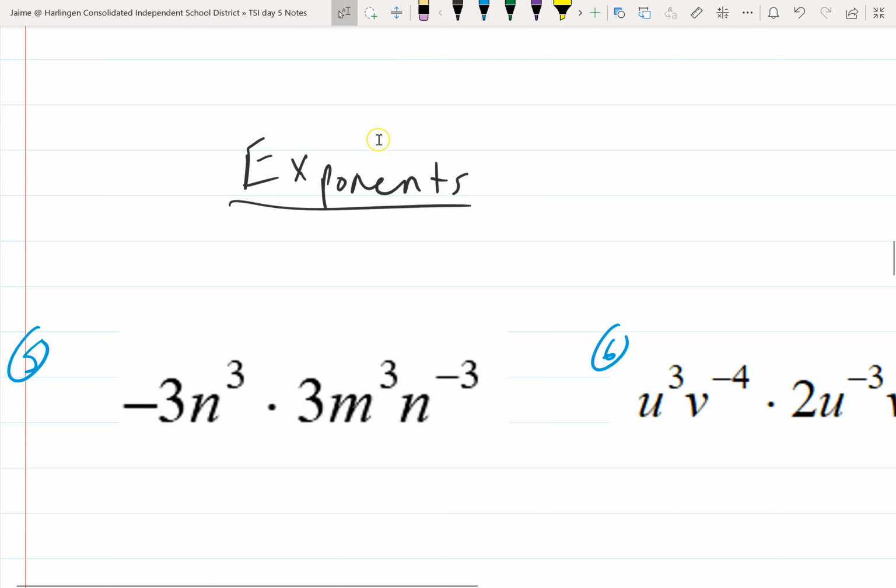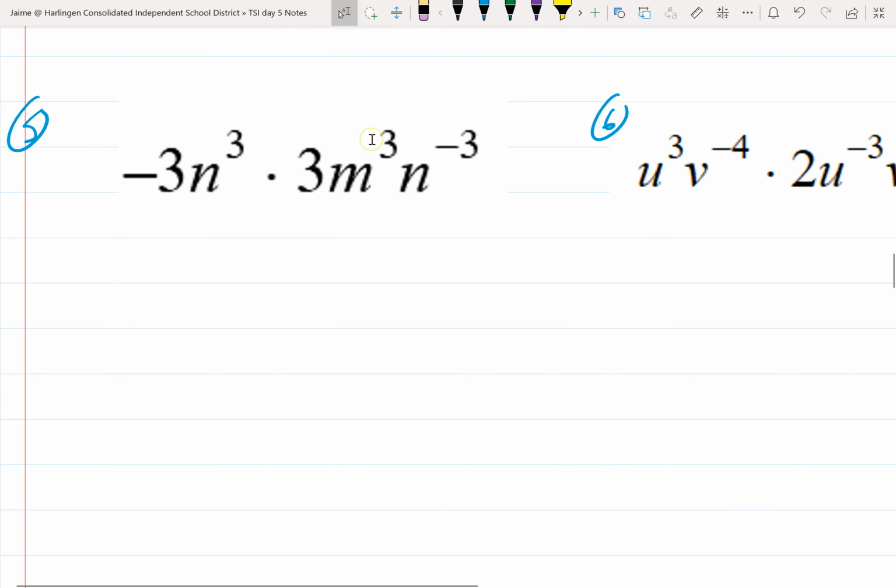All right, back to number 5. Exponents. We're multiplying. Remember that when you multiply the bases, negative 3 times 3, that would give me negative 9. But the powers, you're going to add them. Now look, I have n to the 3.